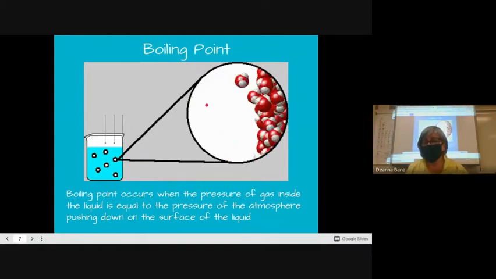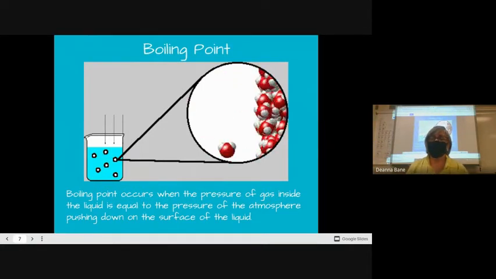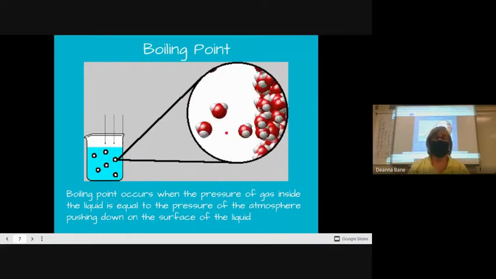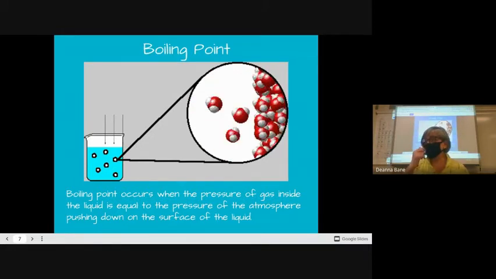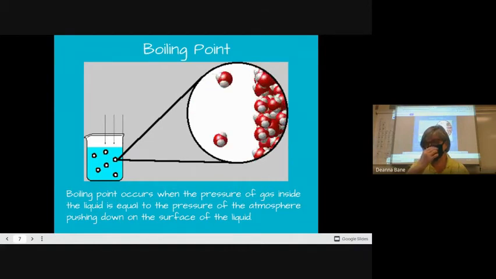Some of them slow down again and move back into the liquid phase. So it's kind of a back and forth here. But once we reach the equilibrium, where the pressure that these gas molecules are creating is equal to the atmospheric pressure pushing down, that's when boiling occurs. Okay, so this is a definition that you're going to need.